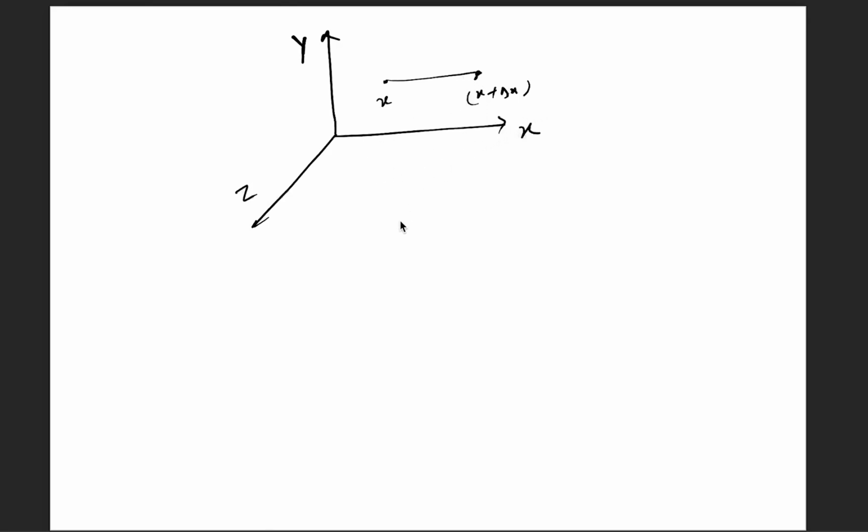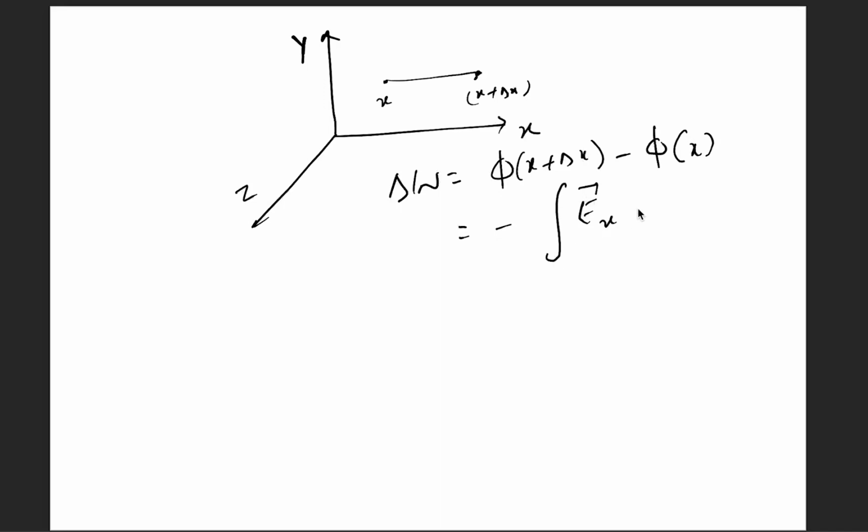So the work done will be simply the potential at x plus delta x minus the potential at x. So this will be the work done against the electric field, or it is simply minus Ex dx taken from x to x plus delta x, work done per unit charge.